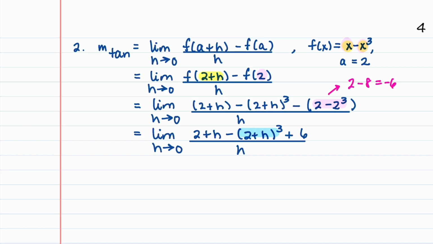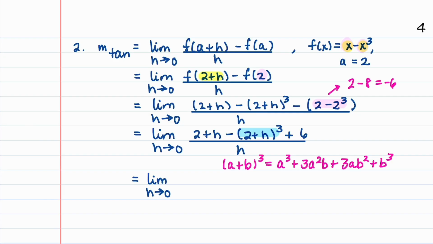Let me write down the formula for a cubic in case you don't know it. This is a plus b cubed is equal to a cubed plus 3a squared b plus 3ab squared plus b cubed. Let's now plug that in. This is the limit as h goes to 0.